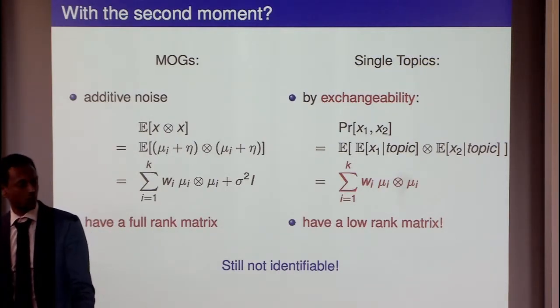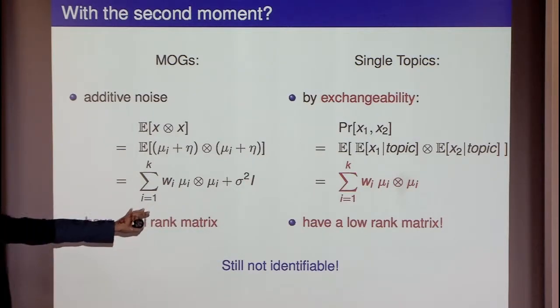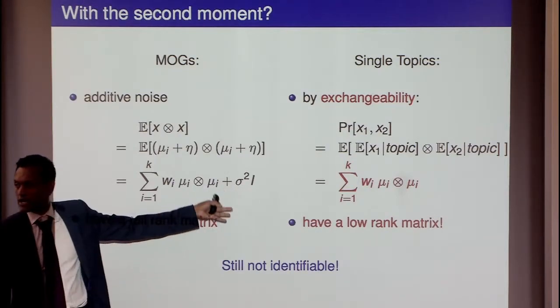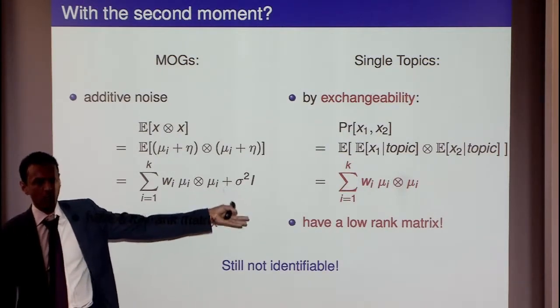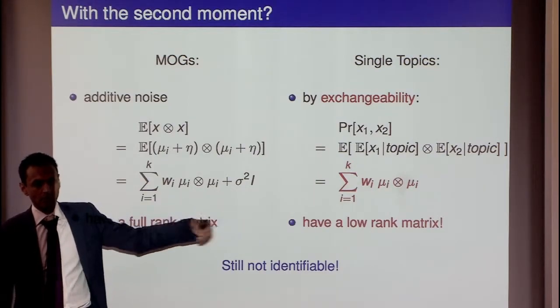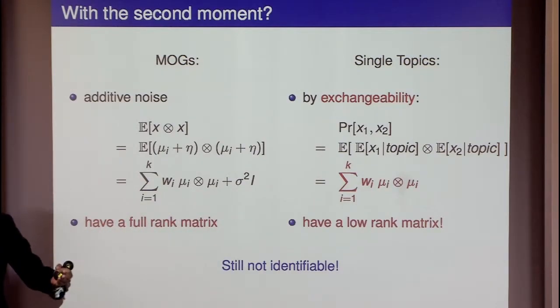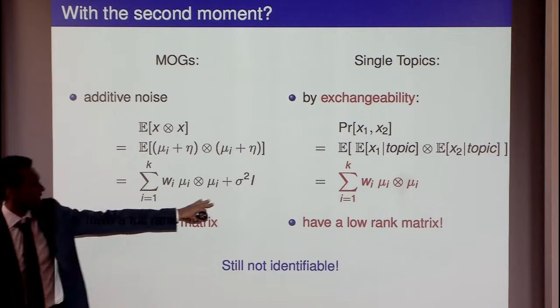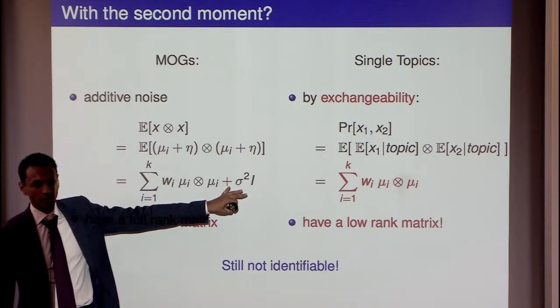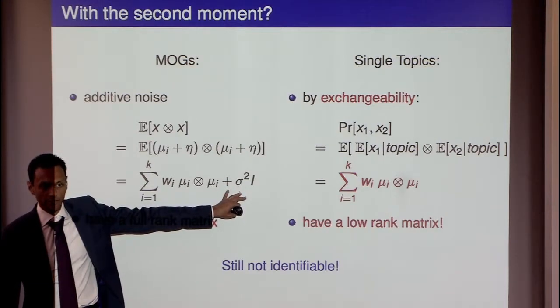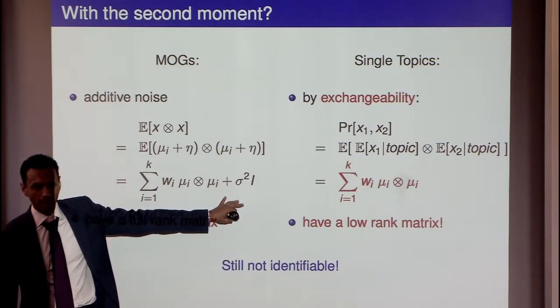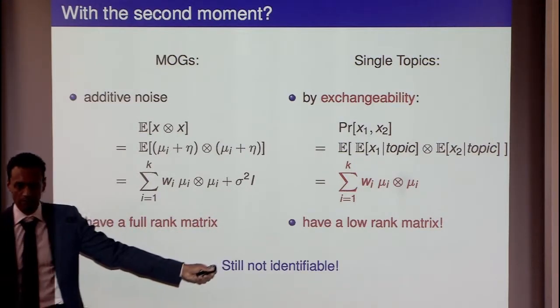Okay, so you know sigma squared, so you can subtract it off. And now for the third moment, you're just going to get some extra terms that have to do with sigma squared and lower order moments. So you can write out the structure of the third moment, subtract some stuff off, and reduce it to the same problem we can solve. It's more delicate if the variances weren't all the same sigma, because then this trick doesn't work, and we can solve that too.